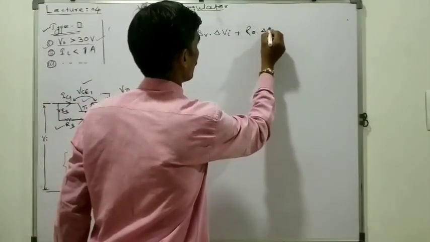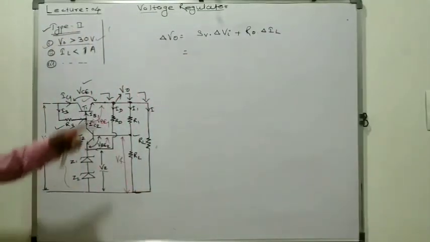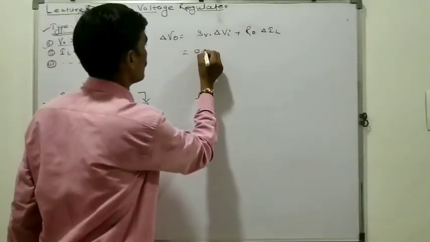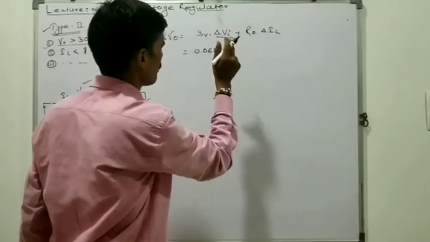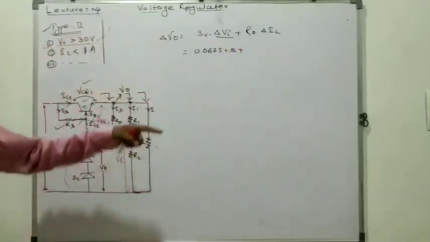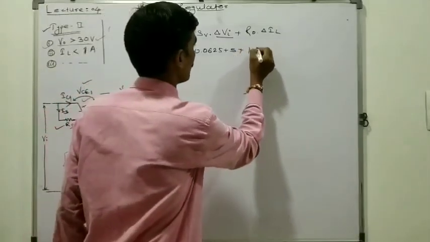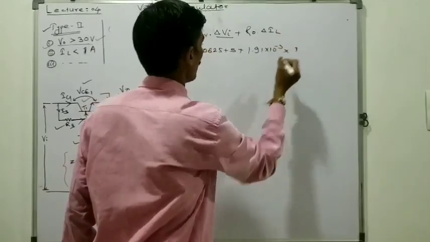Now we know all the values. SV we already calculated as 0.0625. Del VI changes from 45 plus minus 5, so del VI is equal to 5. RO we already calculated, that is 1.91 into 10 raised to power minus 3, and del IL is 1.